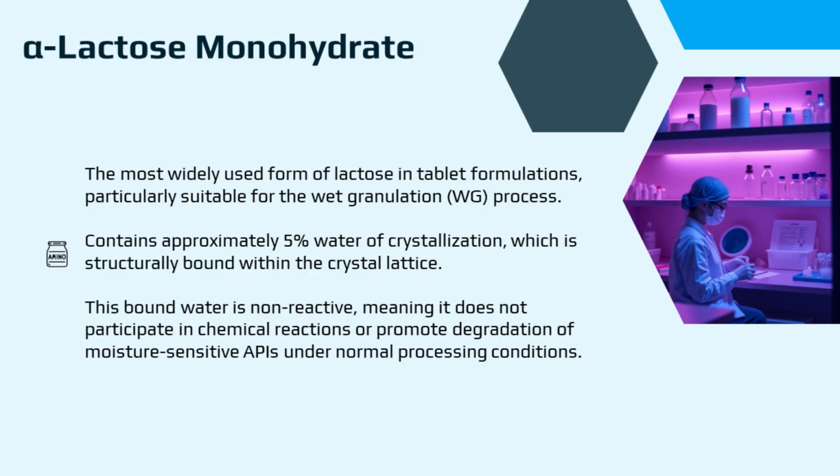processes. Alpha-lactose monohydrate is the most widely used form of lactose in tablet formulation, particularly suited for the wet granulation process. It contains about 5% water of crystallization, which is structurally bound within the crystal lattice and remains non-reactive. This bound water does not participate in chemical reactions or promote degradation of moisture-sensitive actives, ensuring stable performance under normal processing conditions.